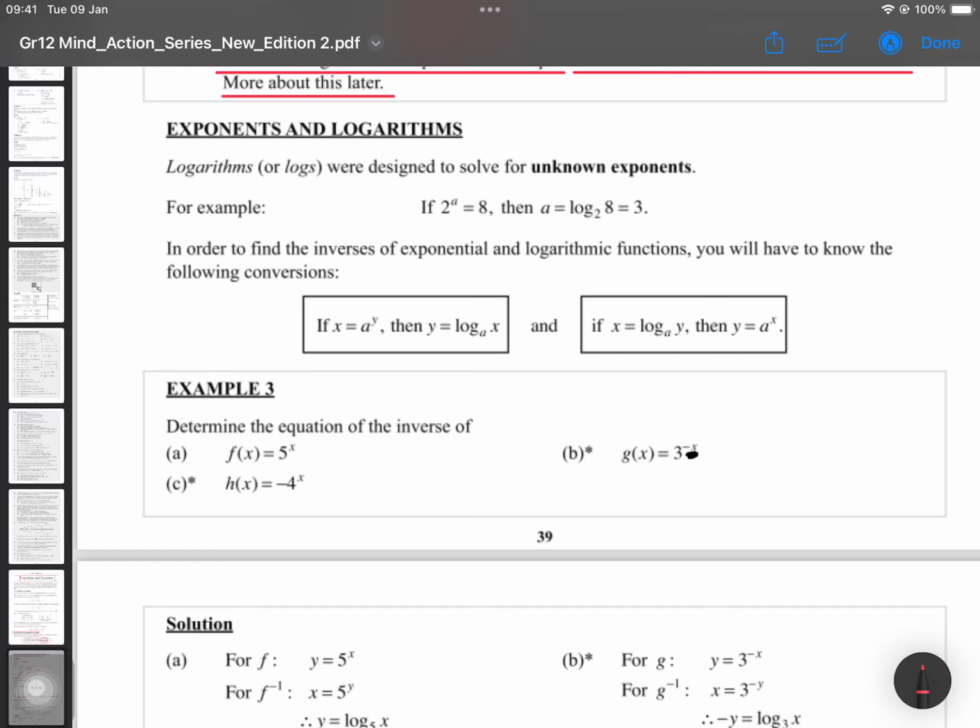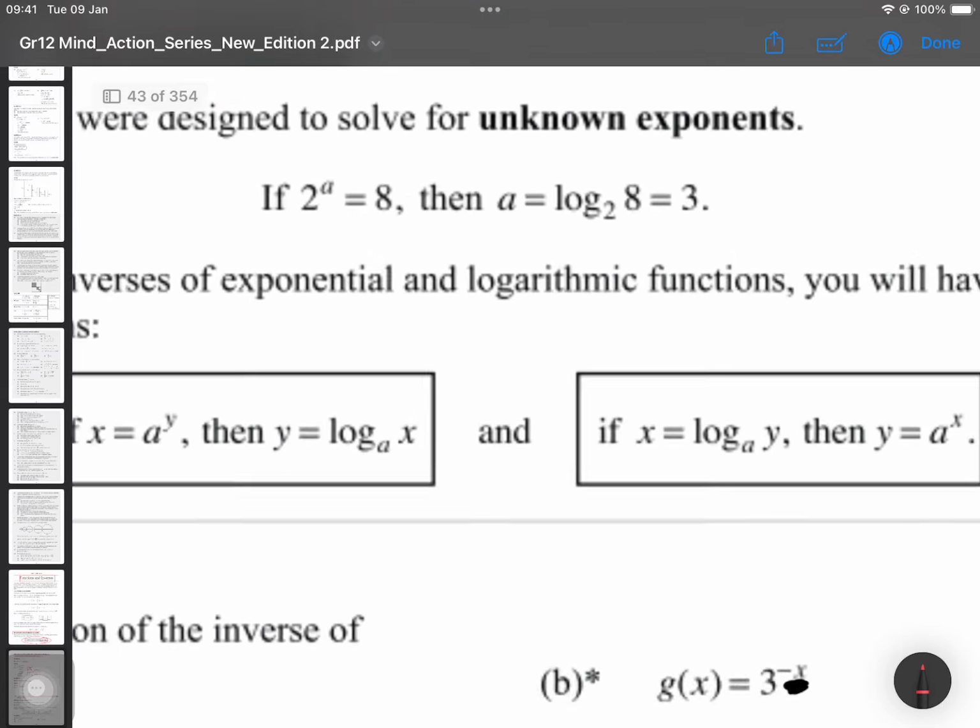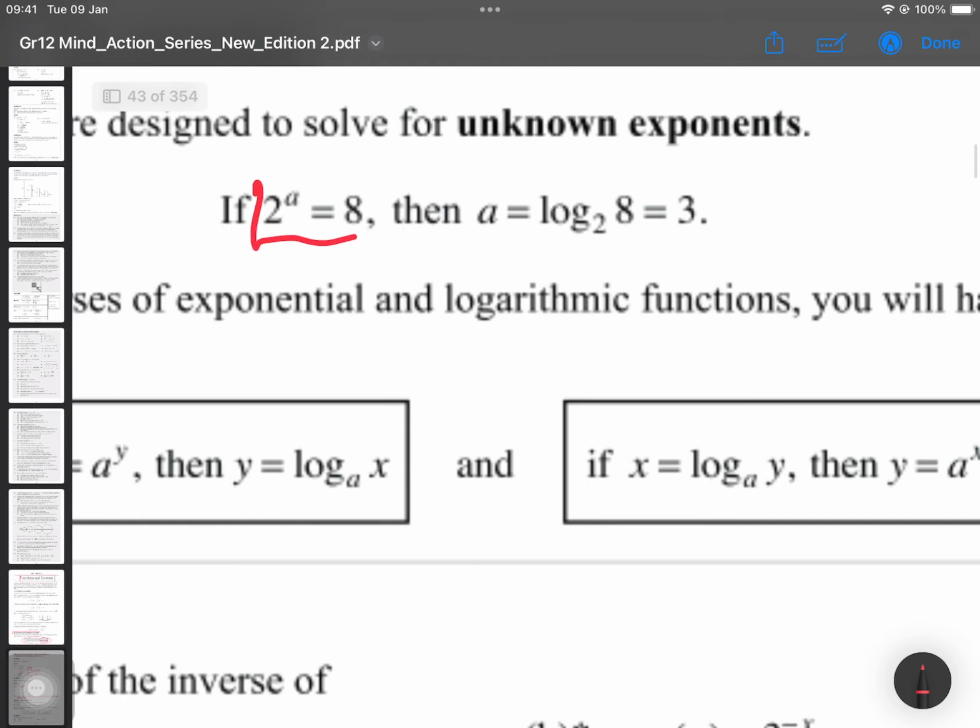With logs, you need to remember that if you have an exponential statement like 2 to the power a equals 8, you can change it to a equals log base 2 of 8, which is the same thing as 3. So yes, you can change it to that.